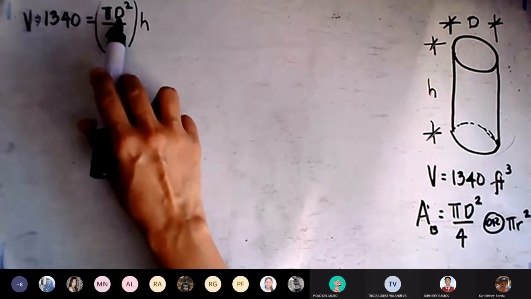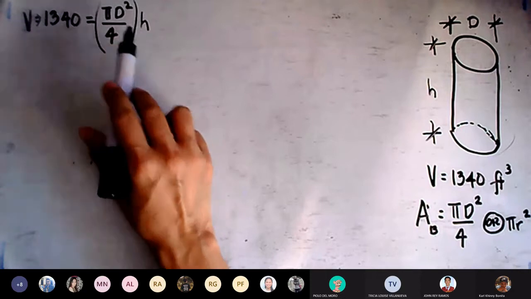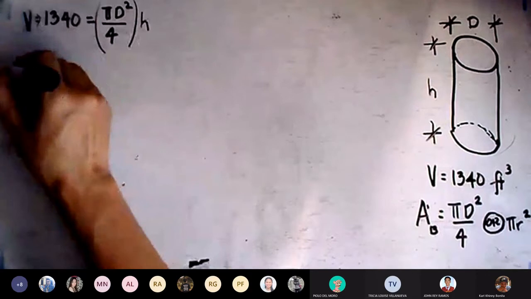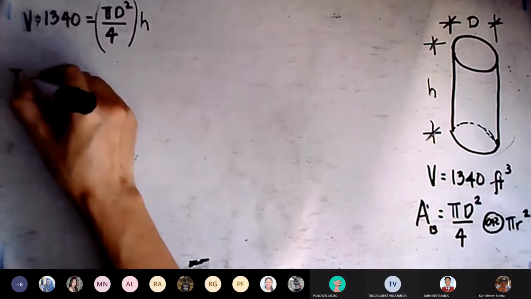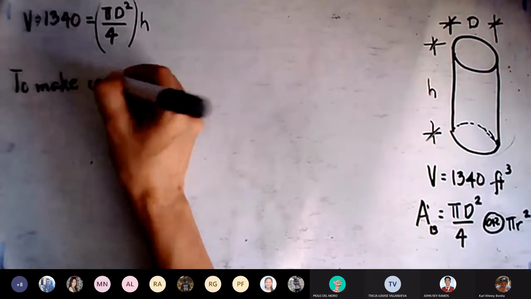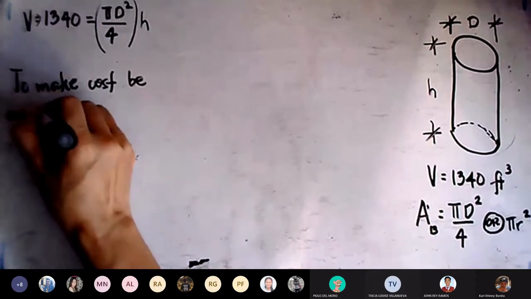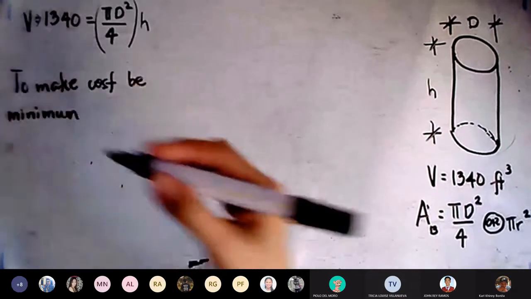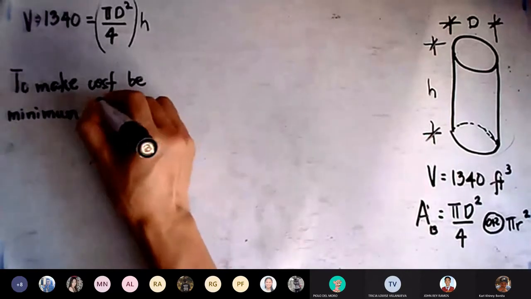Take note that we have two dimensions or two properties here which are unknown, the diameter as well as the height. But take note that we have to minimize the cost. So for the cost to be minimum, what we are going to do is to minimize also the area.